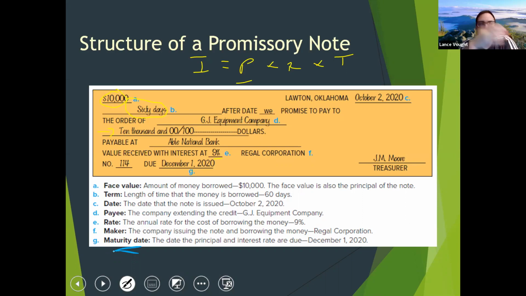So if I borrowed $20,000, I would pay back the $20,000 if it was a discount, or $20,000 plus the interest if it was a standard loan, all on December 1st, 2020, which is in the past. So clearly not when I'm paying it, or else it's super past due.